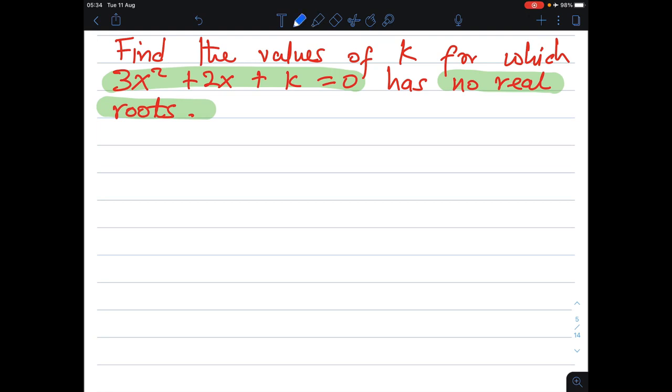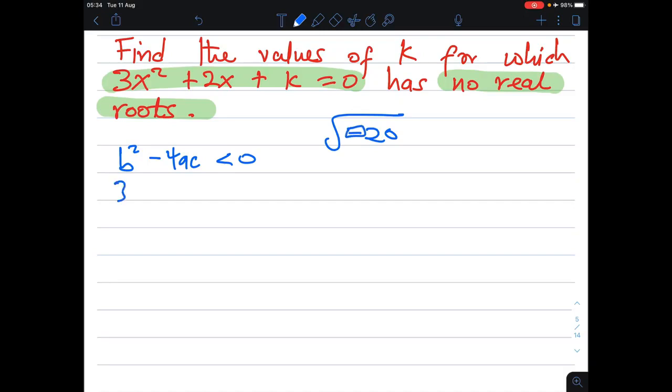Well, that means that for no real roots, b squared minus 4ac is negative, is less than 0. Remember, we solved it and we got, I think, negative 20 in the previous example. I don't know if you remember. It's because it's negative. Okay, that means that it's less than 0.